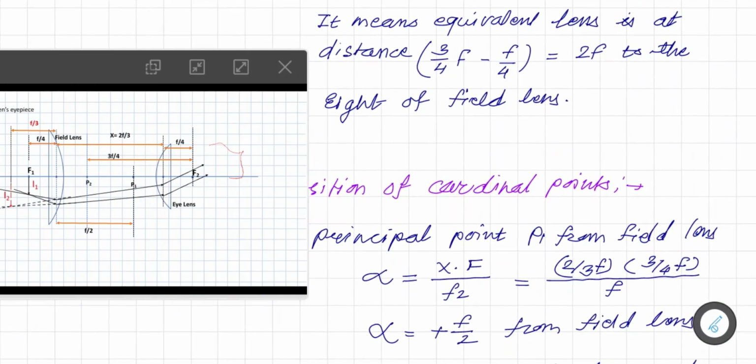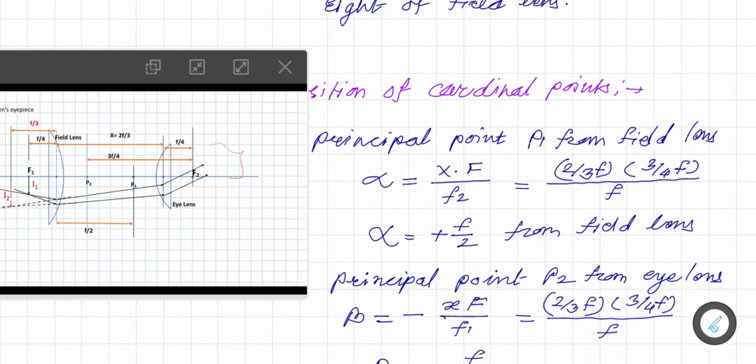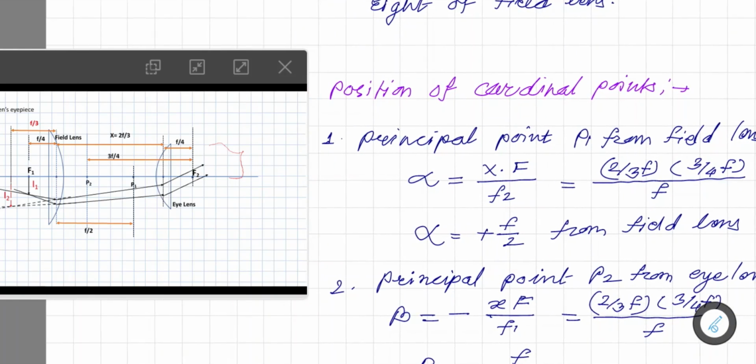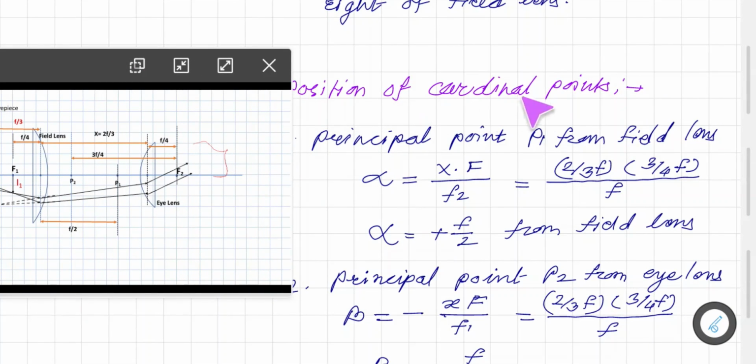Now let us talk about the position of cardinal points. Let us consider the principal points. Here it is principal point P1, here it is principal point P2. The first principal point and its distance from the optical center of the field lens, that is alpha.